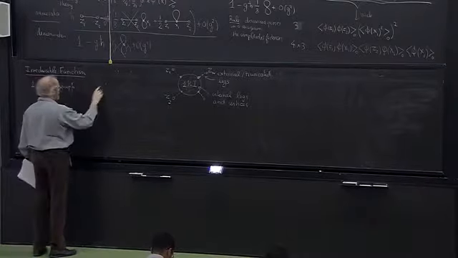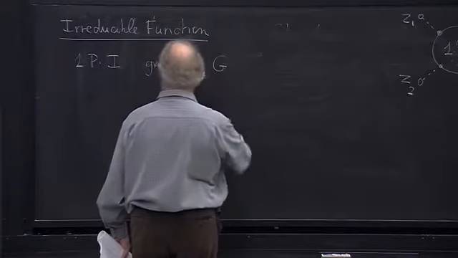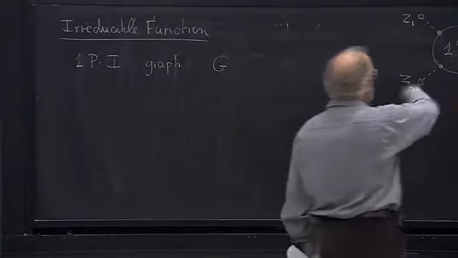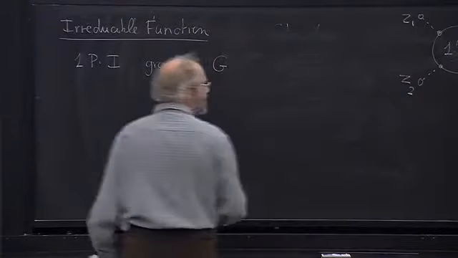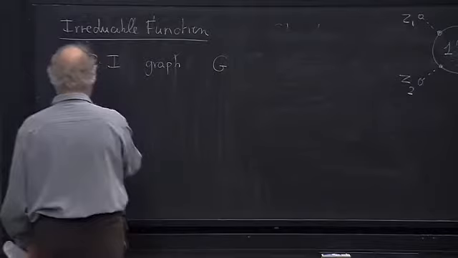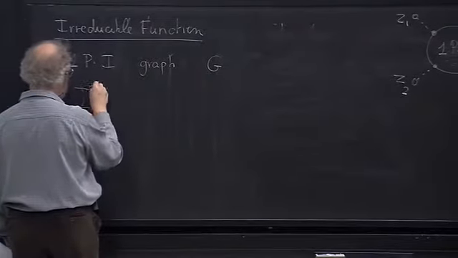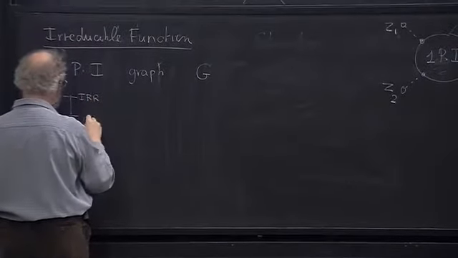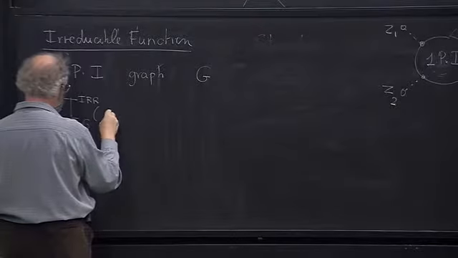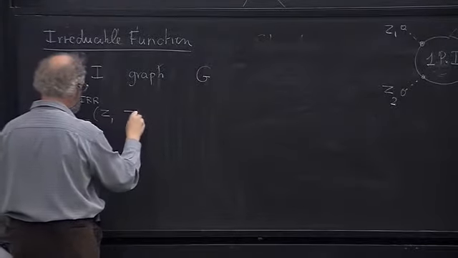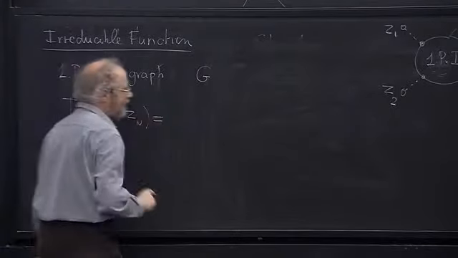Let me call it again G, defined in this way. I'm going to define its amplitudes, I irreducible of G, of Z1, Zn, in a slightly different way.